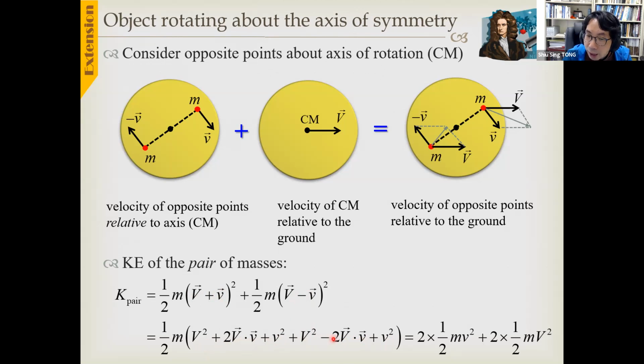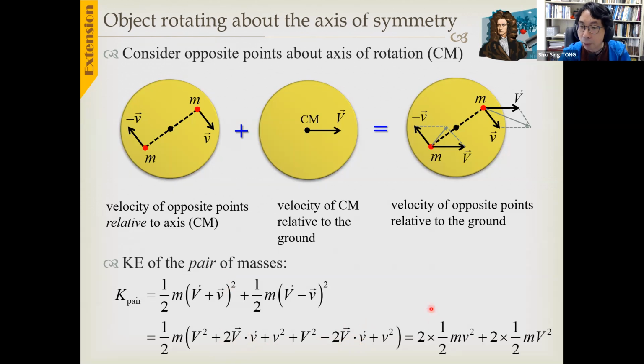You have a minus sign in the cross term, while you have the plus sign for the first term, so these two terms cancel. The cross term cancels if you consider a pair of particles instead of a single one. The plus 2 V dot v cancels with the minus 2 V dot v, so we don't have the cross term.